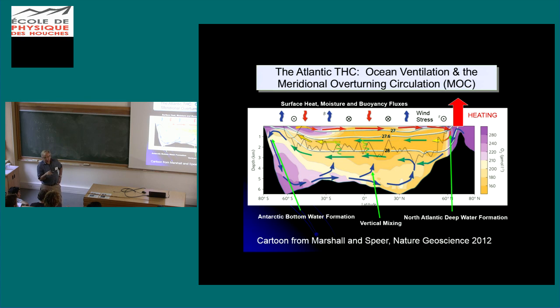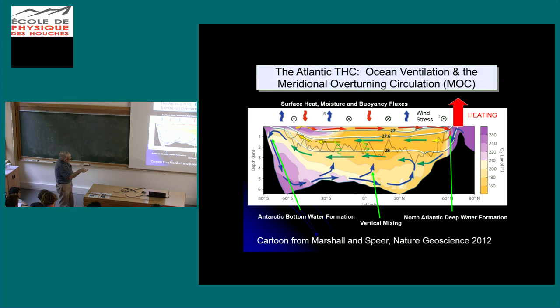So I'm going to use this cartoon as a takeoff point first, just to discuss a little bit of the physics of the meridional overturning circulation, because the different flavors of turbulence which turn out to be involved in the Dansgaard-Oeschger process are deeply connected with the time-dependent behavior of the model that's required to explain the DO process.